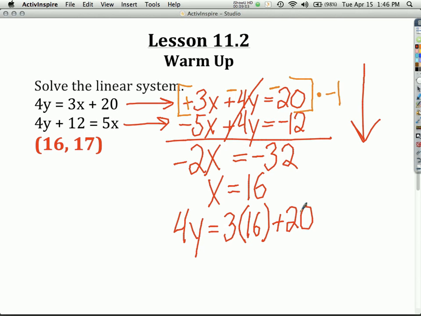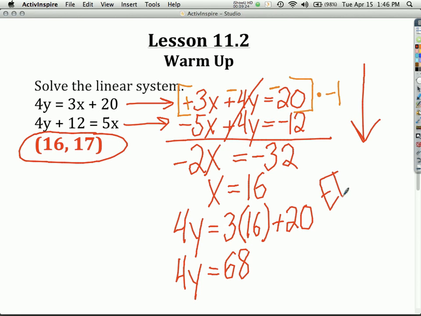Plus 20 is 68. So we get 4y equals 68. Y equals 17. The ordered pair that makes this system true is 16, 17. And again, that is called elimination.